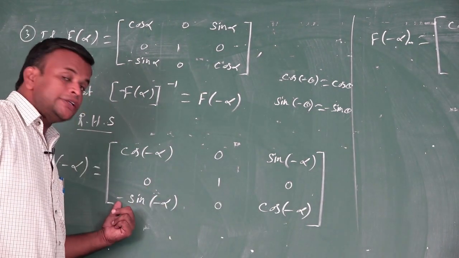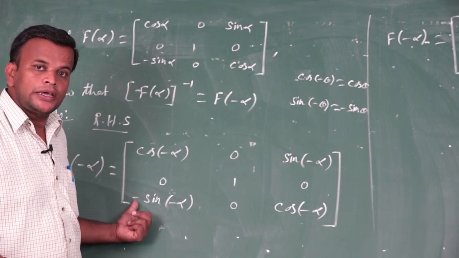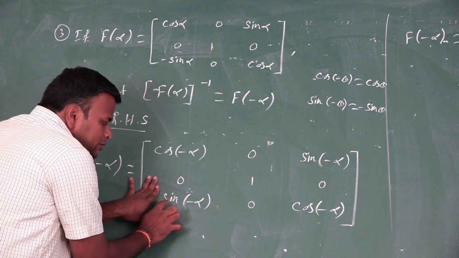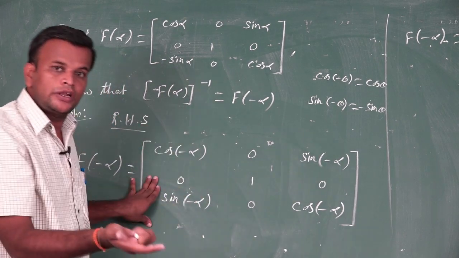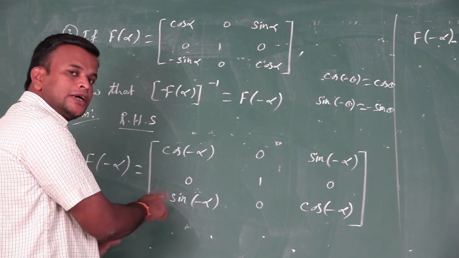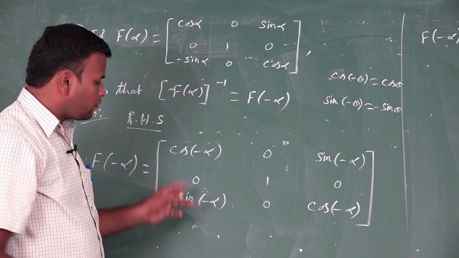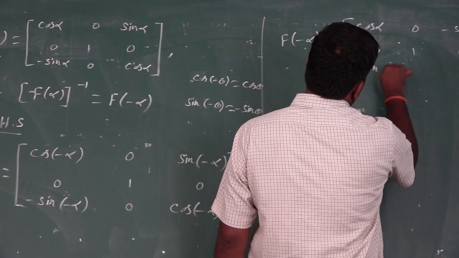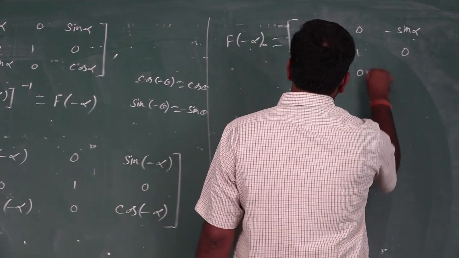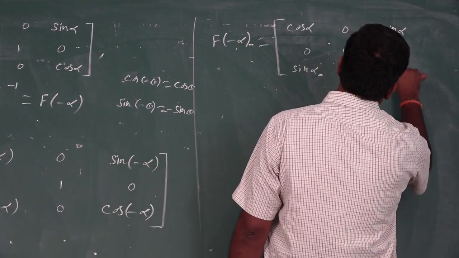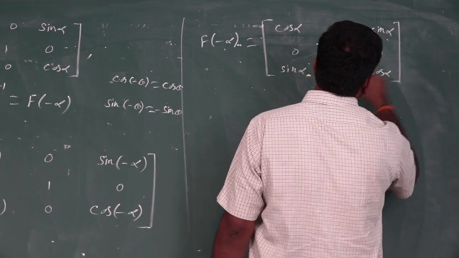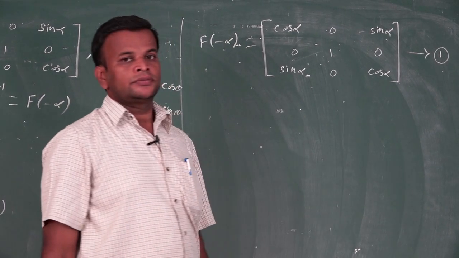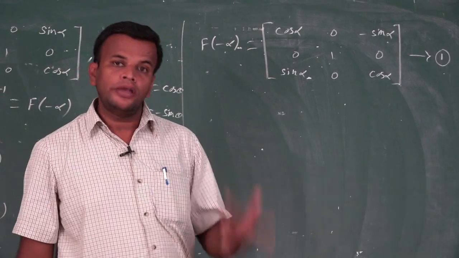Minus times minus is plus, so the final answer is sin alpha. Then 0, and cos of minus alpha is cos alpha. Now I call this equation 1.